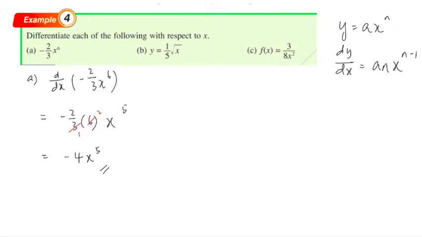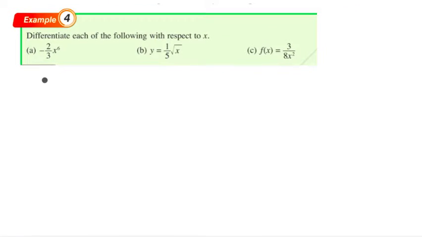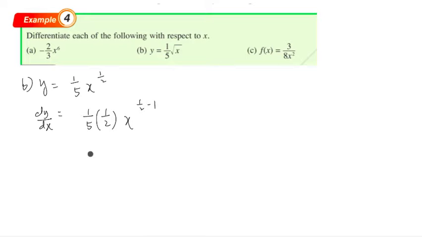B, if your y equals 1 over 5 x^(1/2). Square root is power 1 over 2. So now I start dy/dx. 1 over 5 multiply 1 over 2, x to the power 1 over 2 minus 1.